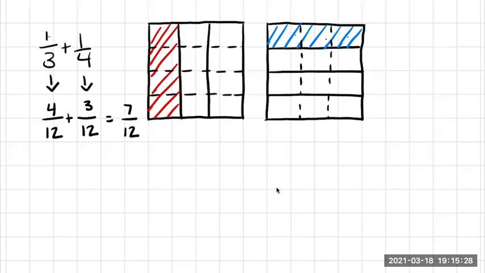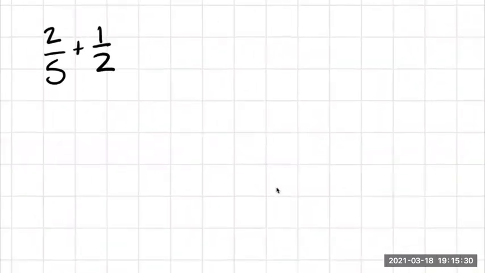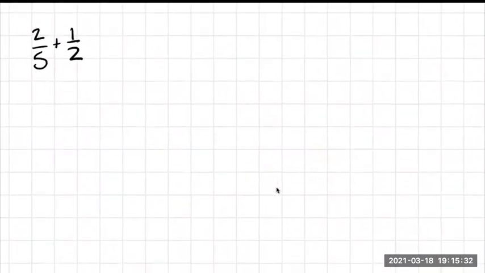Okay, let's try another one. We're going to do 2/5 plus 1/2. Our first step is going to be draw the area models.